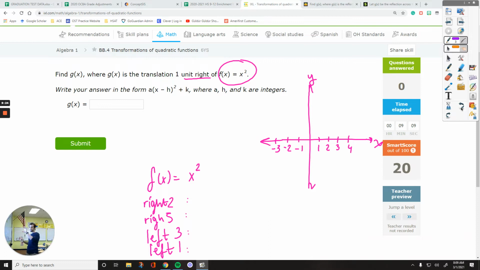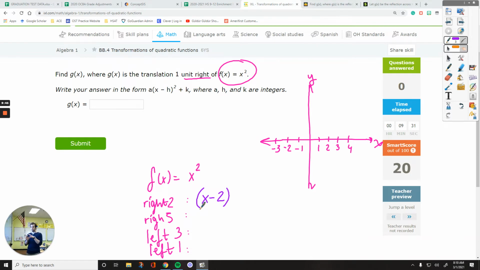Okay? So in the original function, what we have is x squared, right? We will take that x first, and then right 2 feels like we need to add 2. But remember, when we deal with horizontal movement, we want to do the opposite of what we feel like is the right thing.